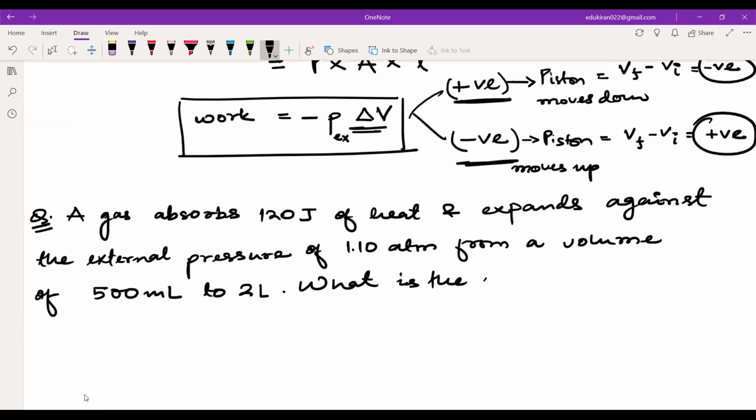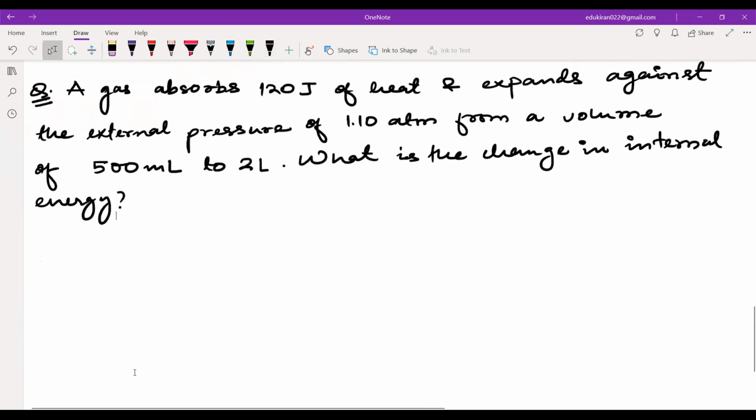What is the change in internal energy? Okay. So write this question. Let me know if you're done.